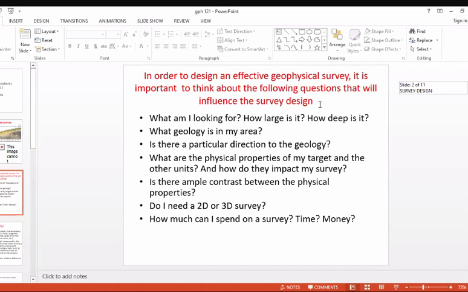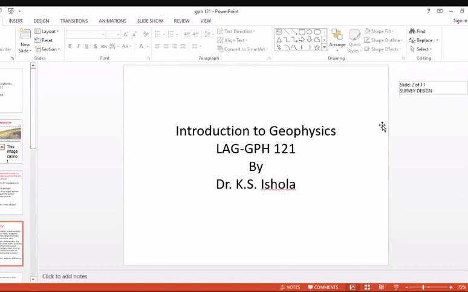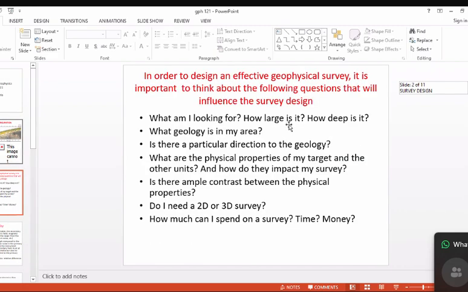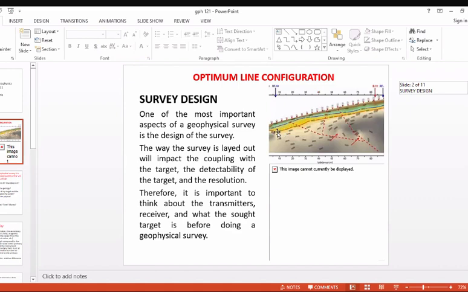Whenever we are embarking on a geophysical survey, if I go back to this slide, you can see solid lines, and you can as well see dotted lines. These solid and dotted lines are our survey lines, or what we call our profile lines.